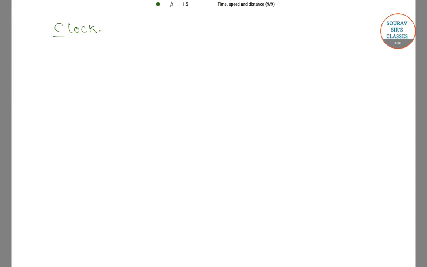Next is the problems based on clock. The dial of a clock behaves similarly to a circular track, where the minute hand is a faster runner and the hour hand is a slower runner. For better understanding with clock, assume the 60 minutes shown on the dial as 60 points.